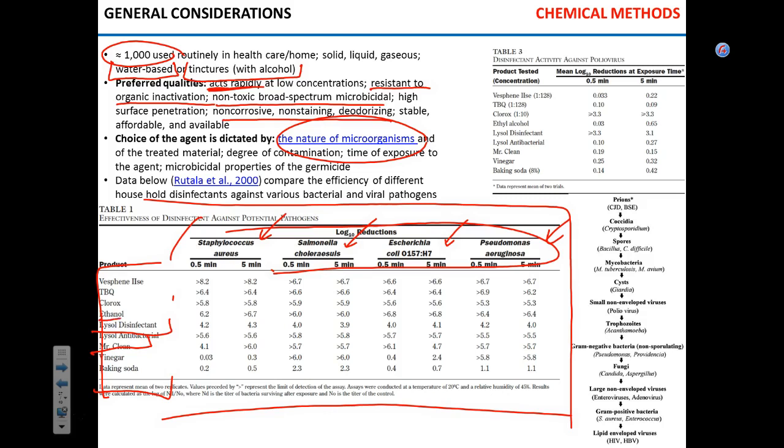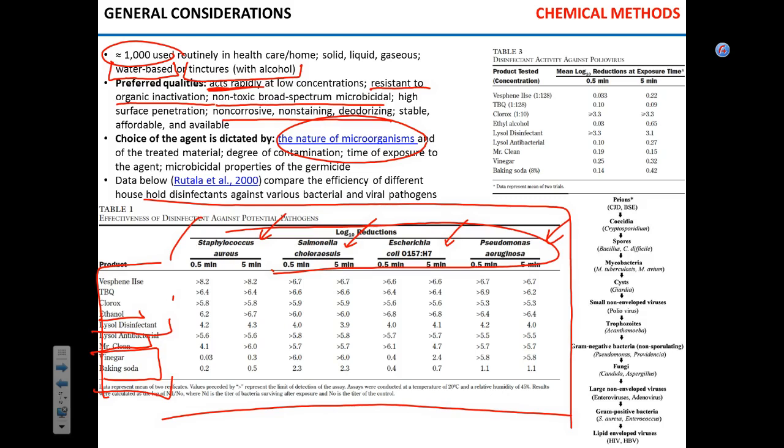Ethanol was efficient, which both doesn't correlate and correlates with what we discussed in the antimicrobial agents lab, because here they measured the number of microorganisms immediately after the application of the chemical. They didn't wait for 2 days as we did. Does that make sense? And vinegar and baking soda, leave them for cooking. Okay? Just leave them for cooking.